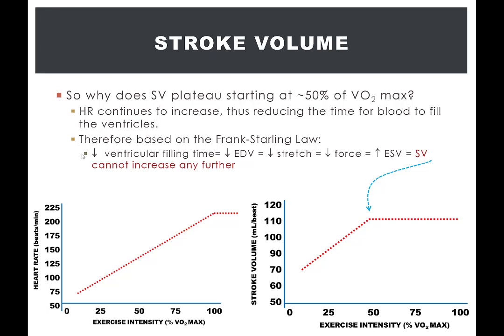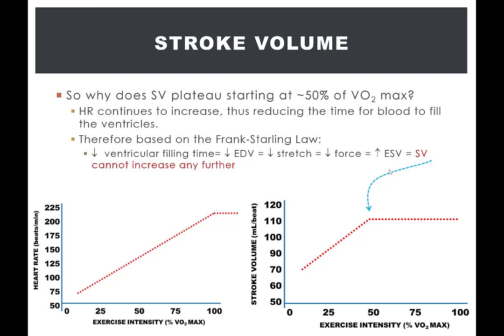So according to the Frank-Starling law, this means that due to decreased ventricular filling time, there cannot be any further increases in end diastolic volume, and therefore no further increase in ventricular stretch, and therefore the force of ventricular contractions cannot increase any further, and therefore stroke volume cannot increase any further, and thus maxes out.